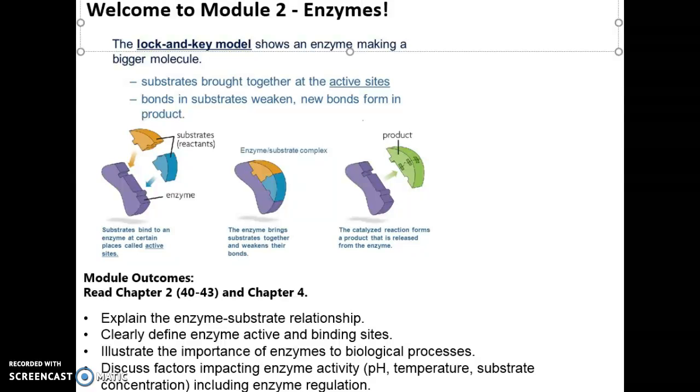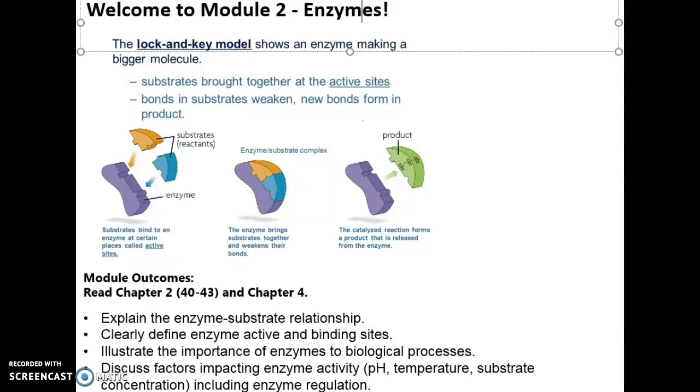We are focusing this module on enzymes, so you have basically two reading chapters: Chapter 2, which is just pages 40 to 43, and then also Chapter 4. For this module, we're looking at the enzyme-substrate relationship. We are also looking at understanding what is meant by enzyme active and binding sites.